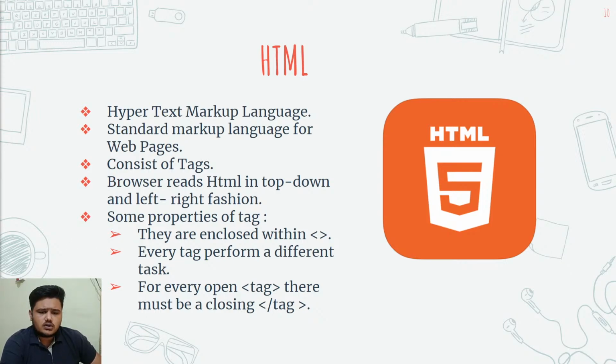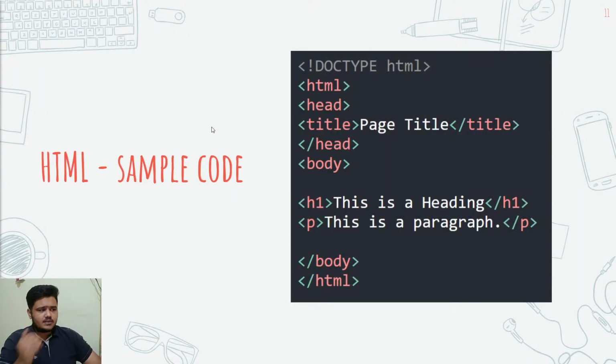So let's move on and look at the basic structure of HTML code, absolutely basic structure. This is the simple basic structure that you will get on the net. Moving forward, if you look, there are different kinds of tags.